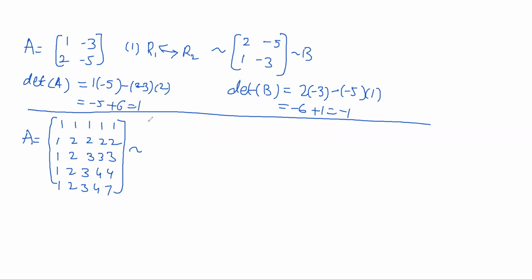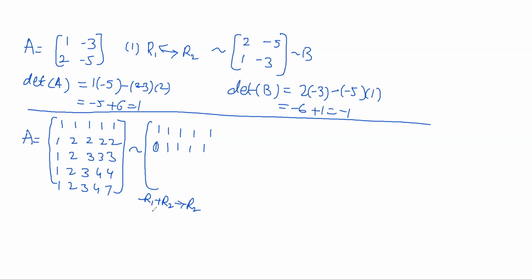If you apply the row operations, row 1 stays 1, 1, 1, 1, 1. The row operation will be minus row 1 plus row 2, that is the new row 2, so you will get 0, 1, 1, 1, 1.